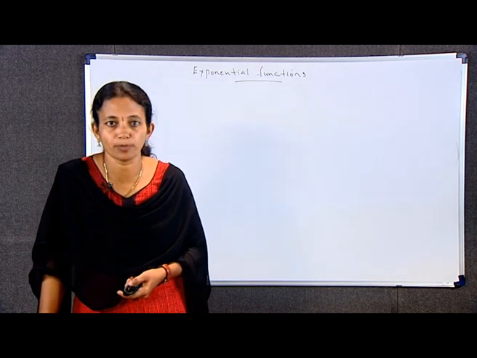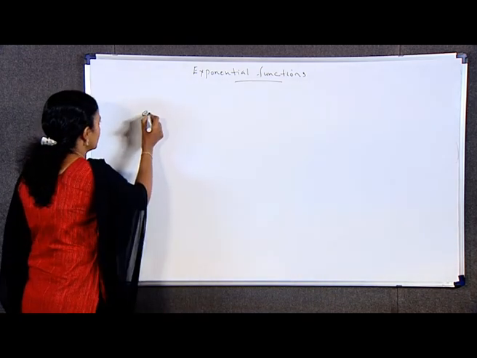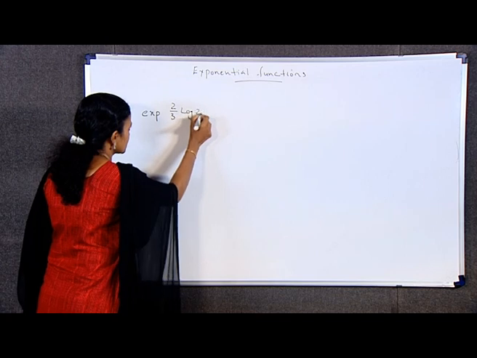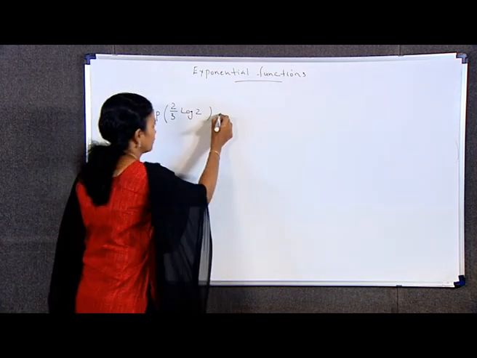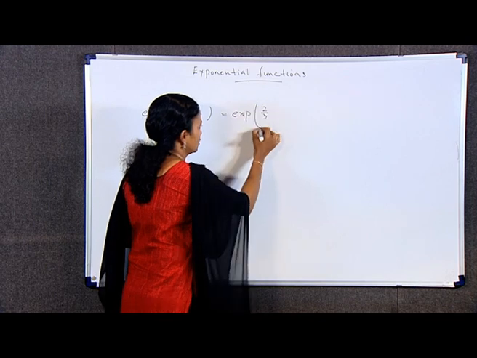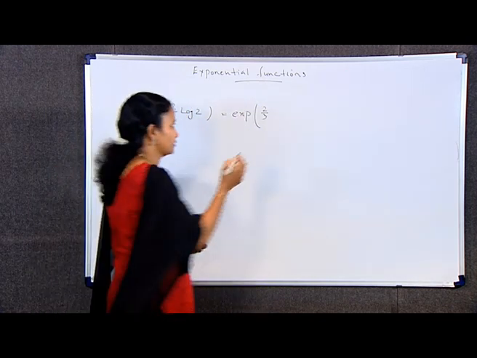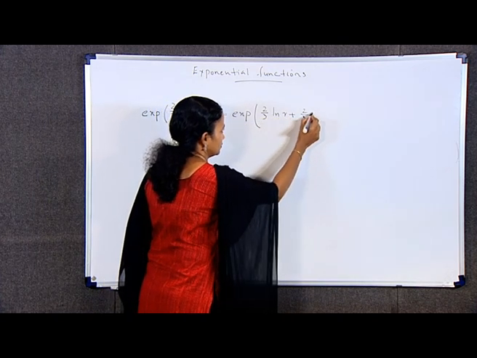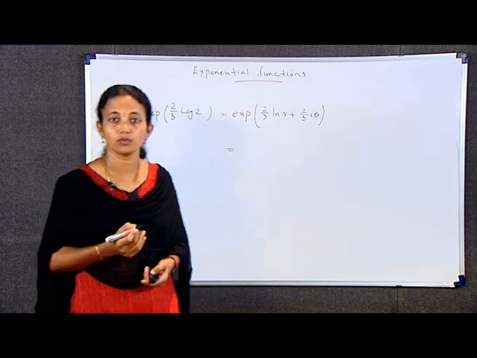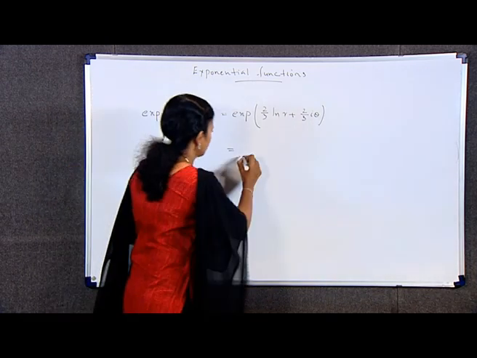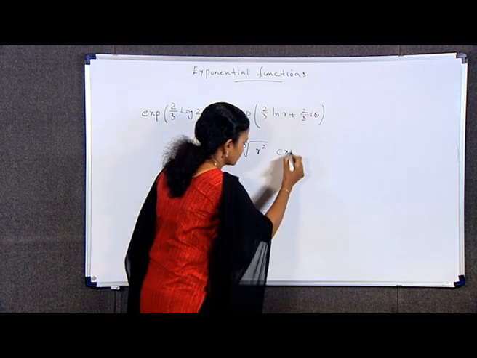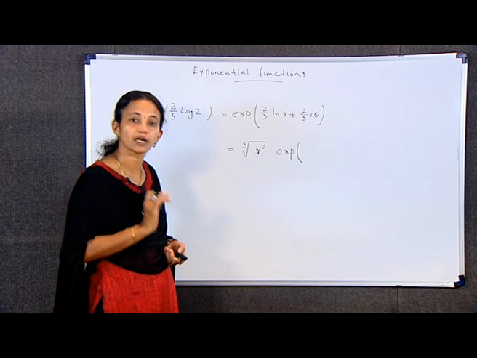The principal value of z raised to 2 by 3 can be written as exp of 2 by 3 log z, which is equal to exp of 2 by 3 ln r plus 2 by 3 I theta, which I can write as cube root of r square into exponential I into 2 theta by 3.